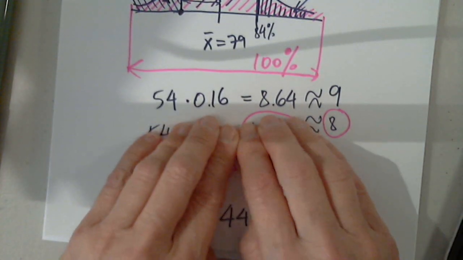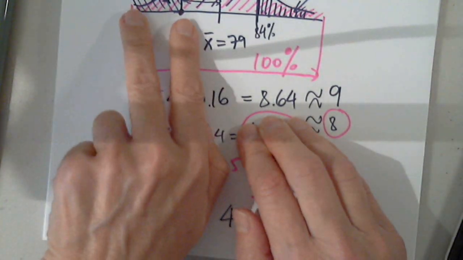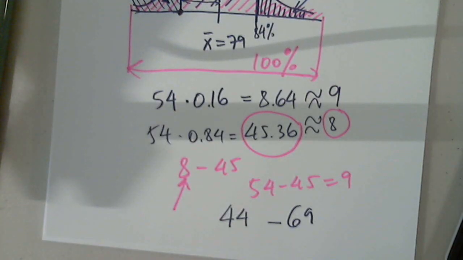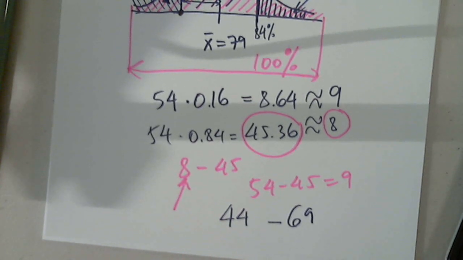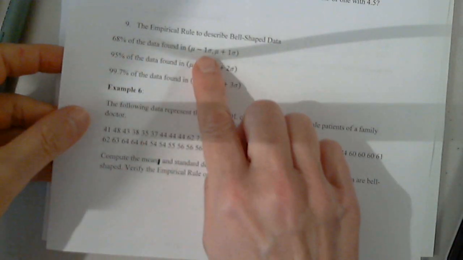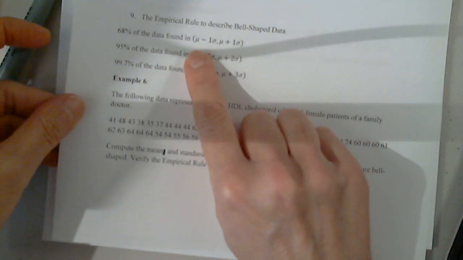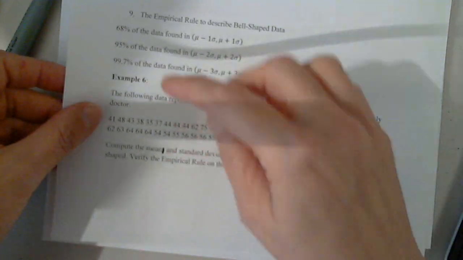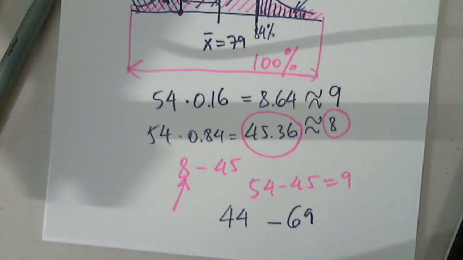So you don't really need to determine the second one. You know that this has to be 9 and this has to be 9. Same thing. So this example was just checking. We were just trying to see if 68% of the data are roughly, very close though, between x bar minus 1 standard deviation and x bar plus 1 standard deviation. I just did the first one.